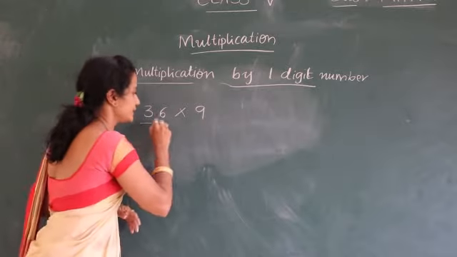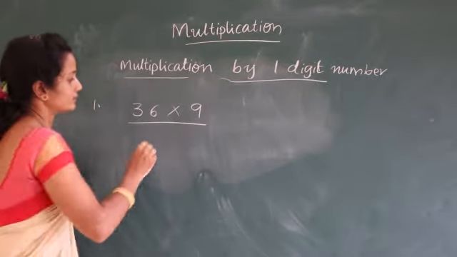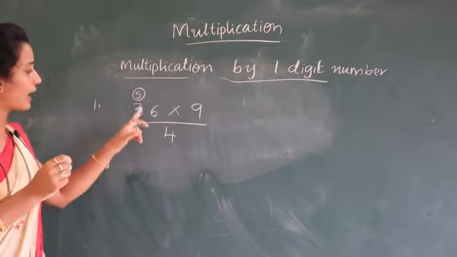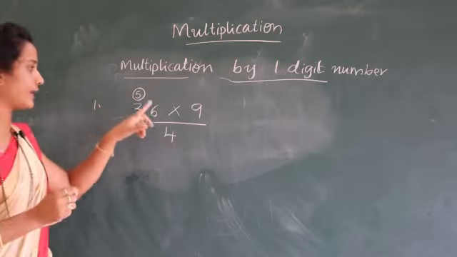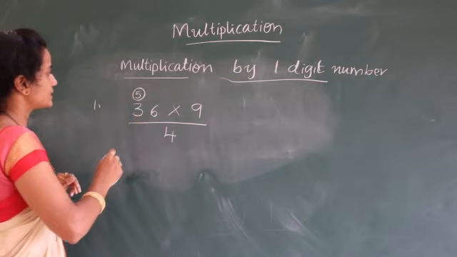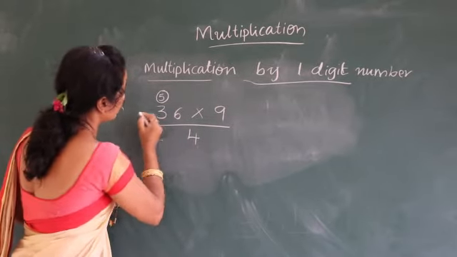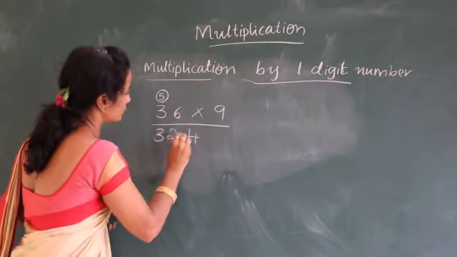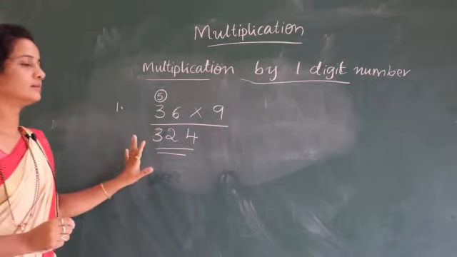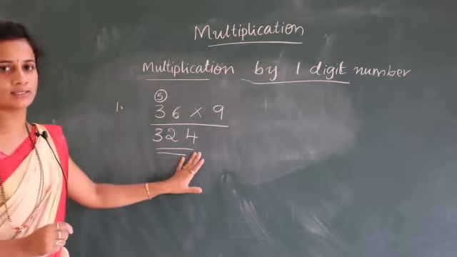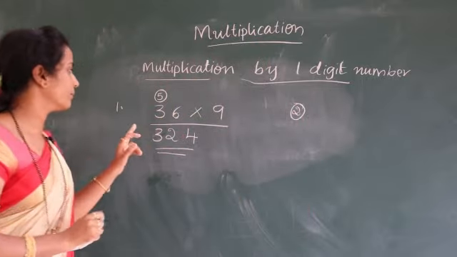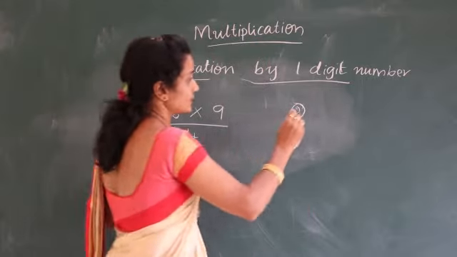The steps involved are the same. 9 6s are 54. I will write 4 here, 5 is carried. 9 3s are 27. 27 plus 5 gives you 32. So here 36 is the multiplicand, 9 is the multiplier, 324 is the product.